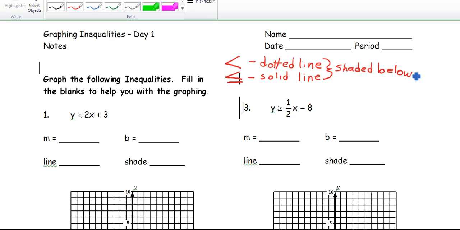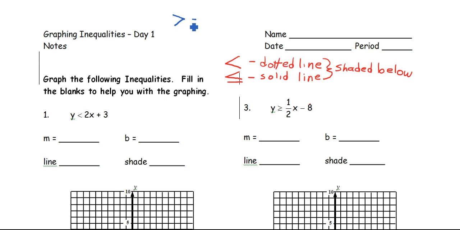Now, let's get to our greater thans. And the same pattern, I'm going to do these up here. If I have greater than like this, that is a dotted line. Dotted or dashed.